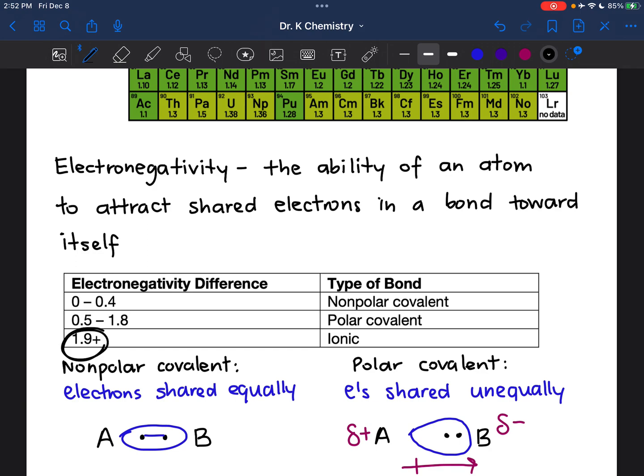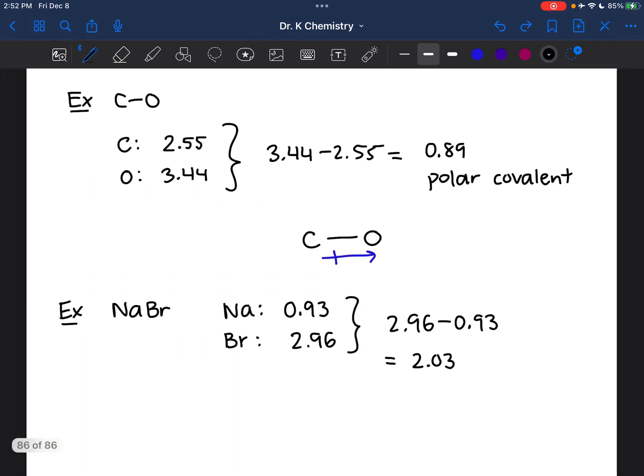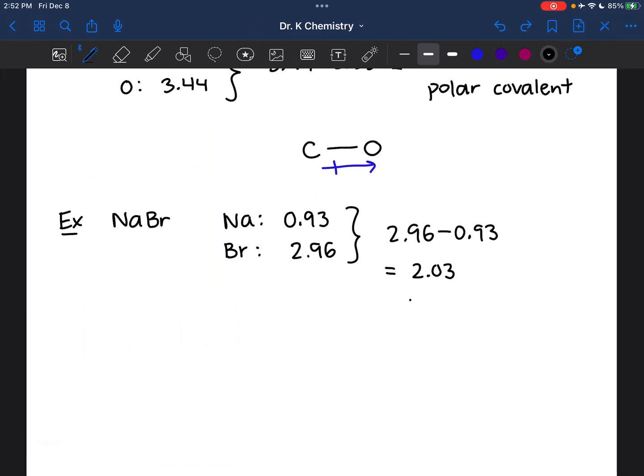And notice that this is in the ionic territory. So this electronegativity difference is so large that these electrons are not even shared anymore. That is an ionic bond. And here, bromine completely took the electron from sodium. So that electron is entirely transferred to bromine to make bromide, the ion, and a sodium cation.